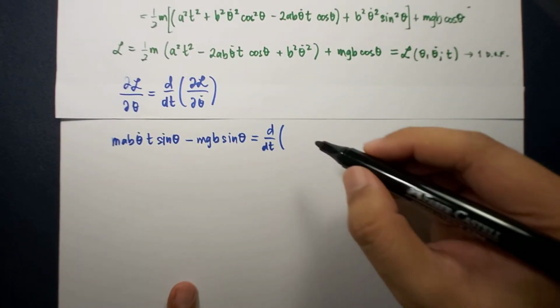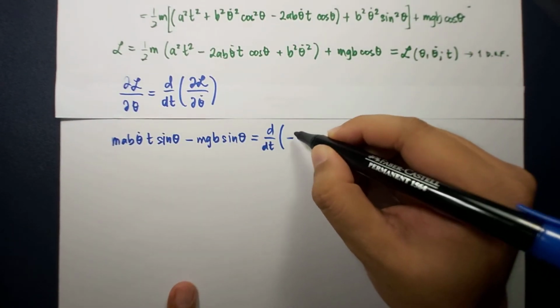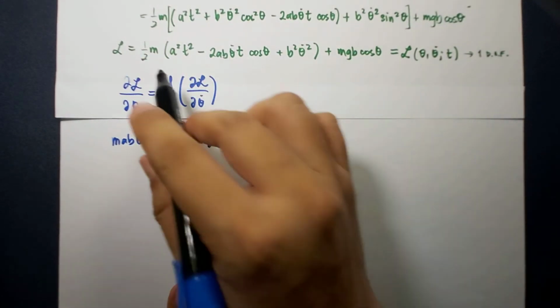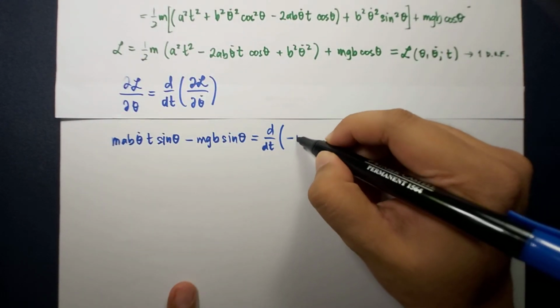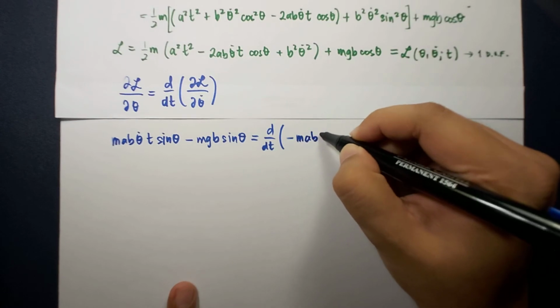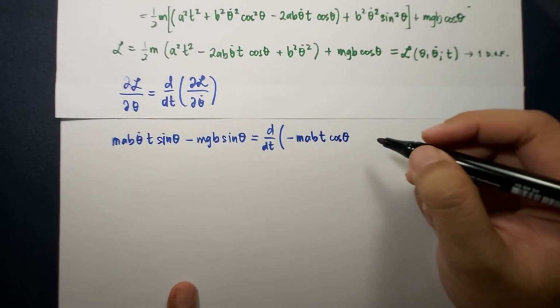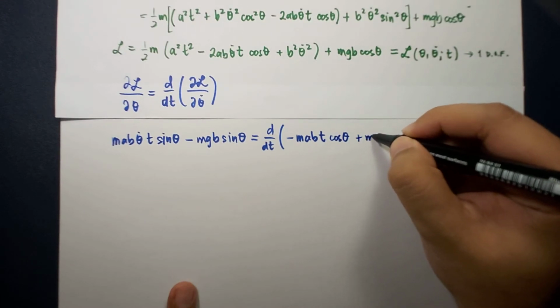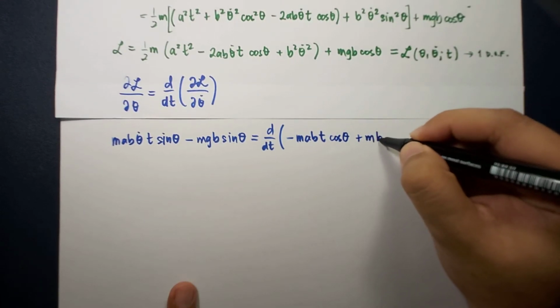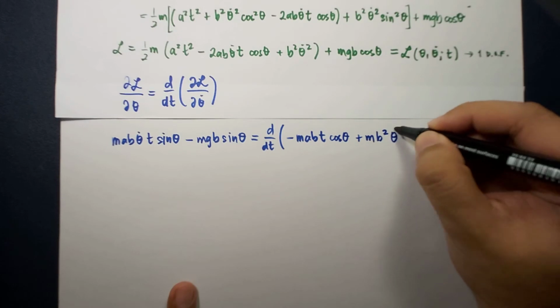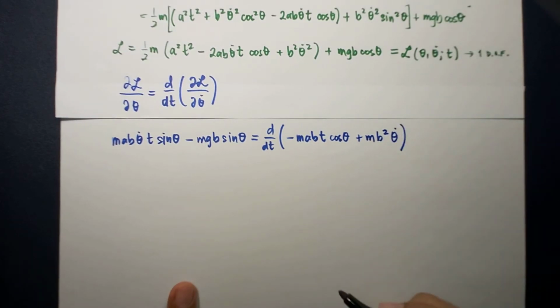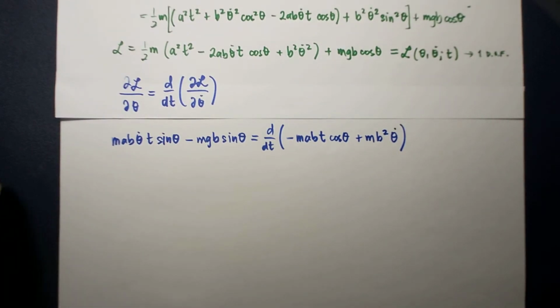So we have negative, distributing m and 1/2 here, so that's m a b t cosine theta plus m b squared theta dot. Okay, so let's cancel some common factors.